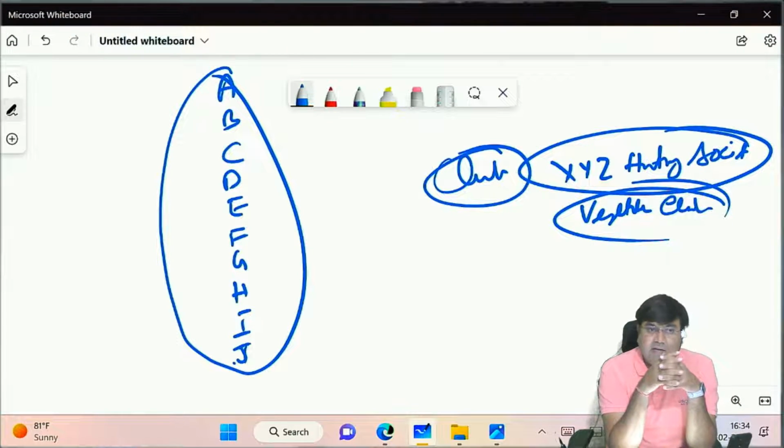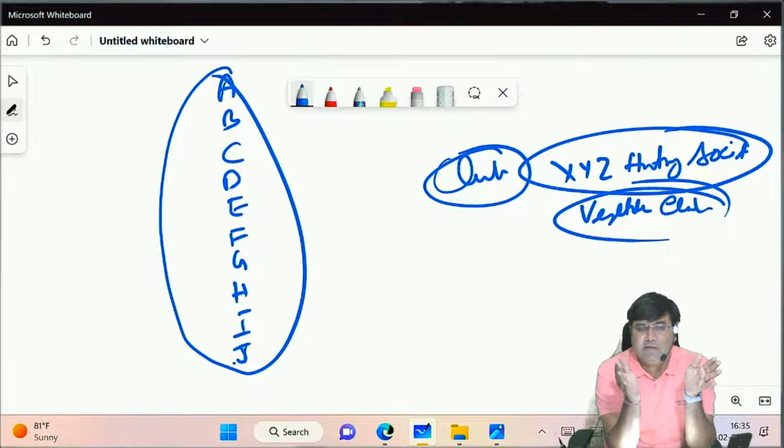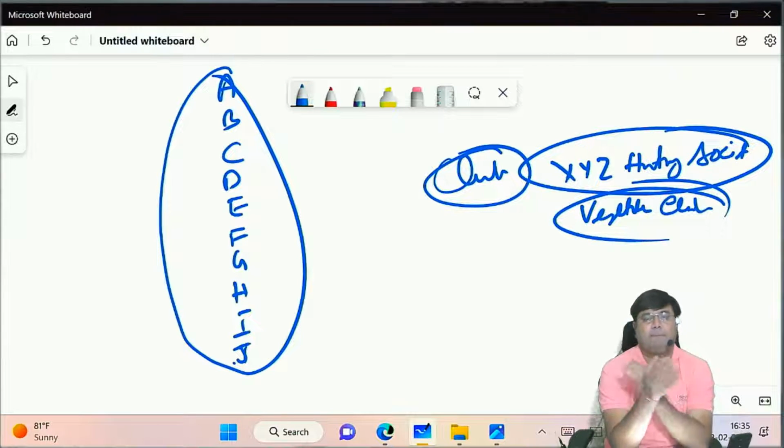What is the objective of that club? That club is going to buy the vegetables and distribute them to A, B, C, D, E, F, G, H, I, J according to their requirement.